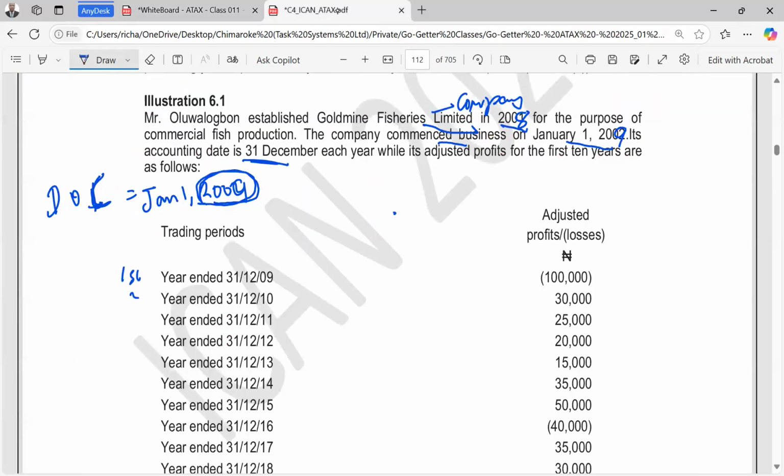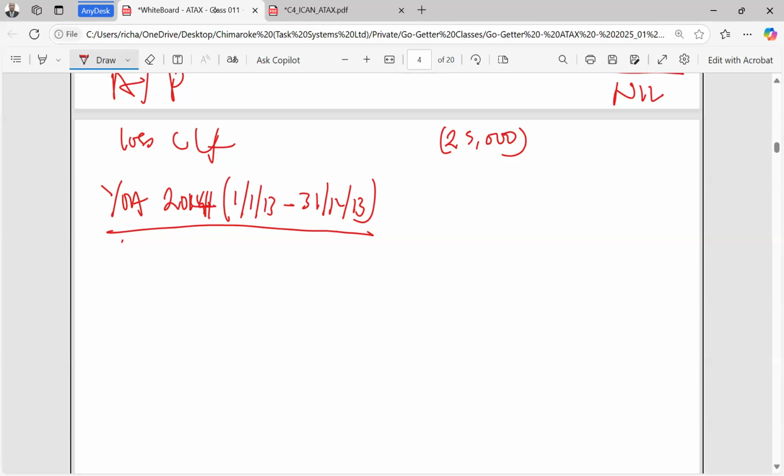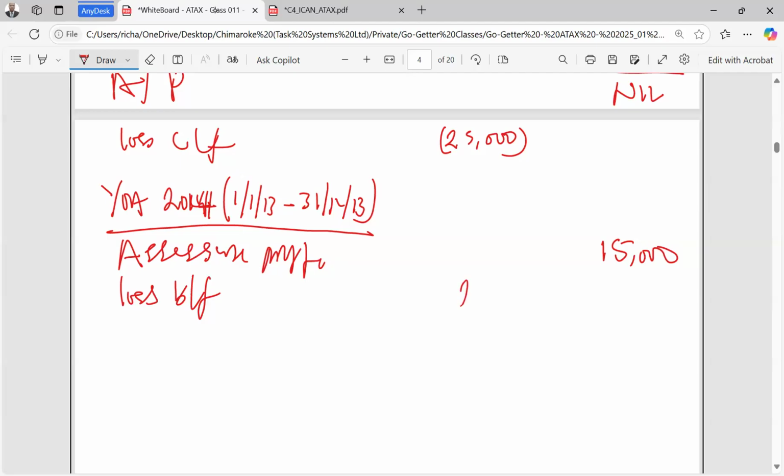Let's see what it's going to be. It's going to be 15,000. Assessable profit is 15,000. Then you're bringing your loss brought forward. It's 25,000.